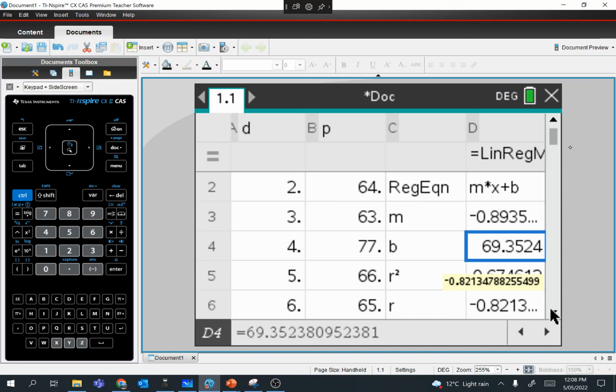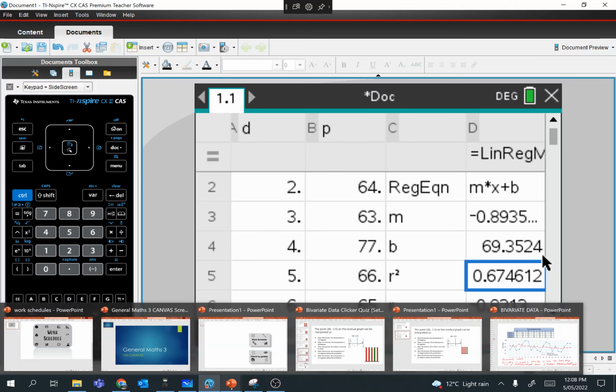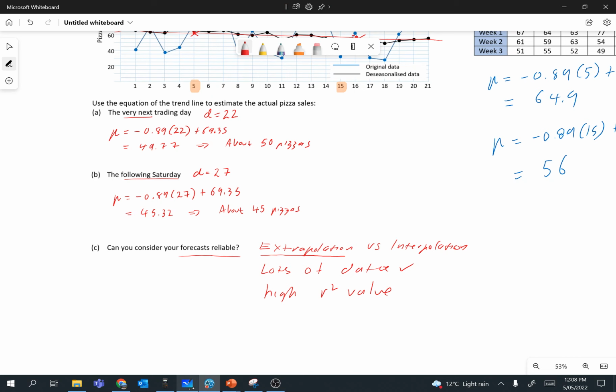So the R value, the correlation coefficient, is high, but the R-squared value is what we use for reliability of predictions, and it's not that high. It's only moderately high. So I'll put a question mark there.